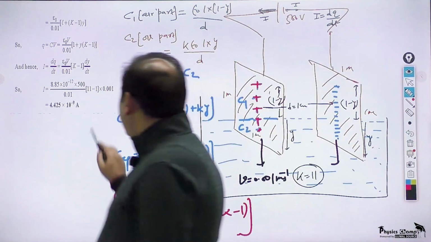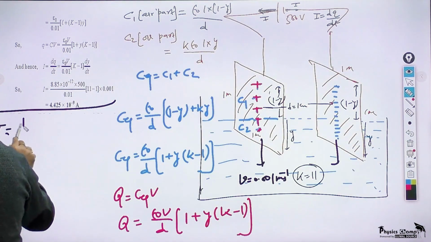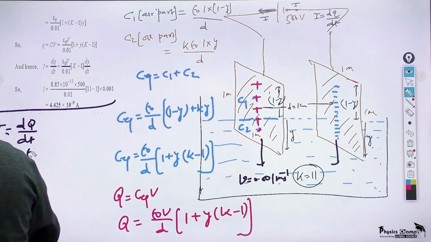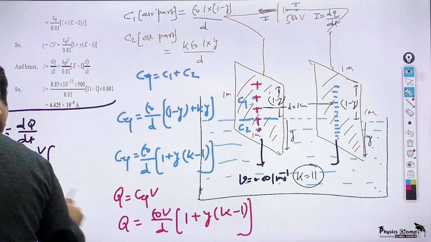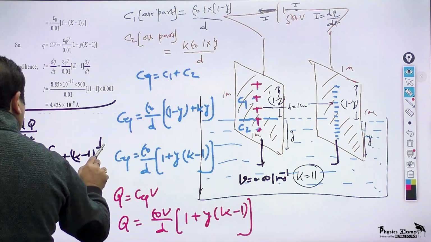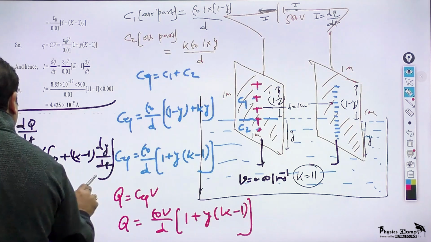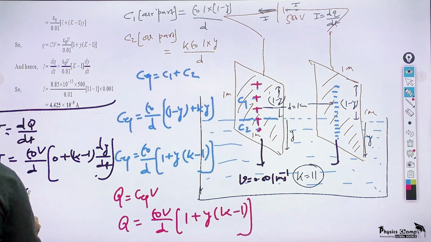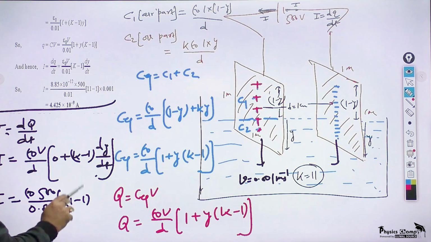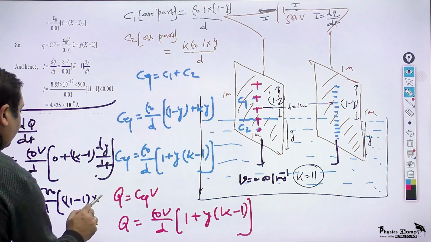So I can say current is equal to dq by dt. So let's differentiate this. This will be epsilon naught V by d into (k minus 1) into dy by dt, and the current will be epsilon naught V. V is what? 500, divided by gap 0.01, k is 11 minus 1, and dy by dt is 0.001 meter per second.